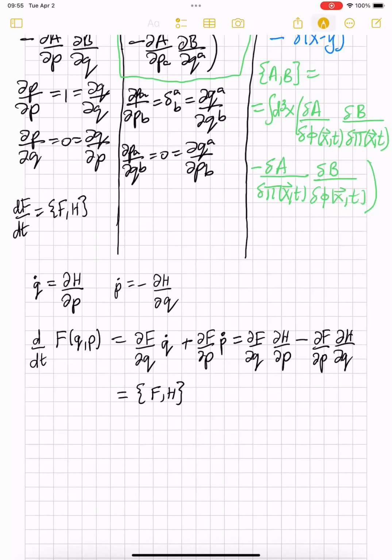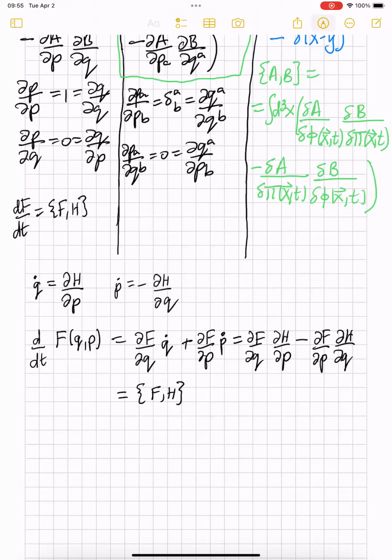Then in the multi-particle picture where we had n particles, we might consider an observable f on the phase space that depends on all n positions q_a and all n momenta p_a.